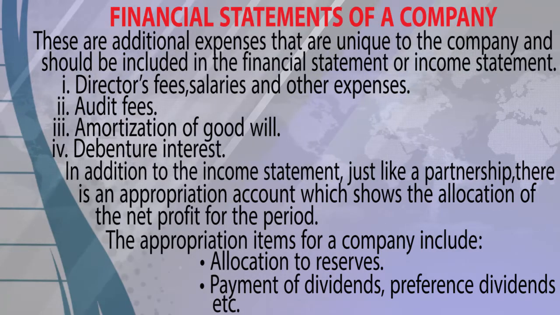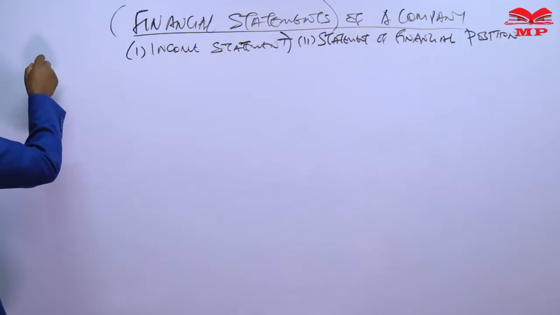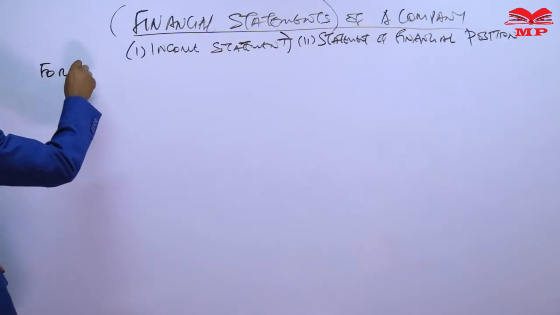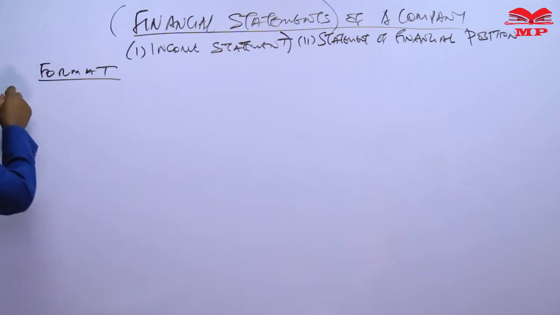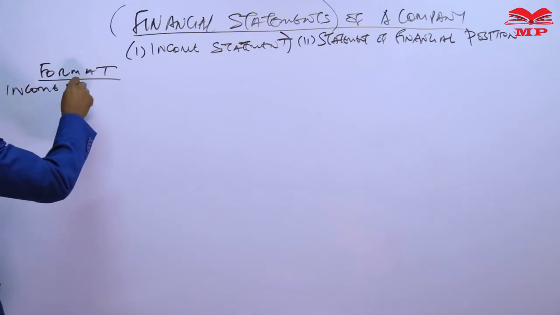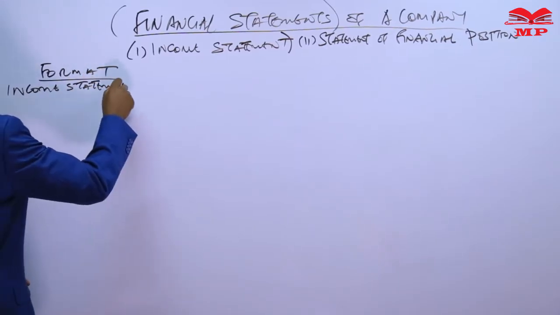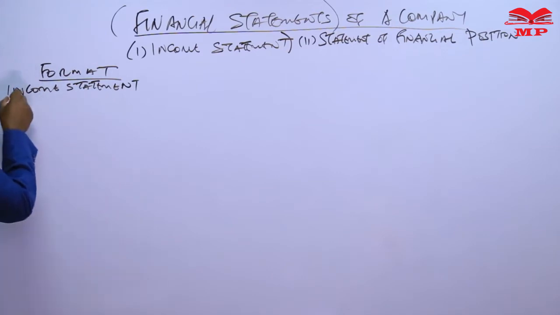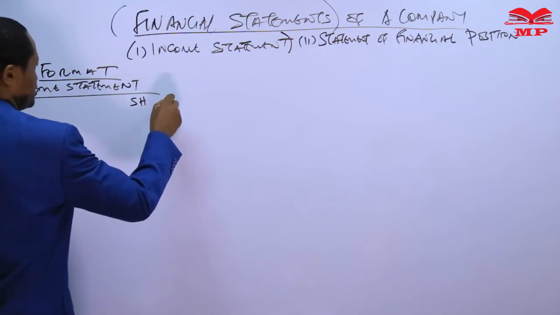Starting with the income statement, we can start by considering the format of an income statement for a company. We'll start by having, say, 3 columns.